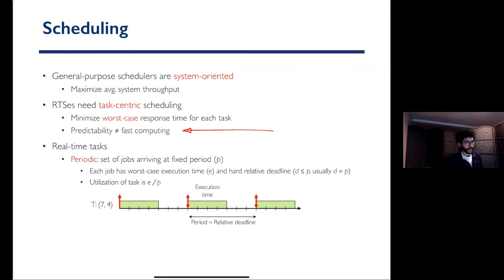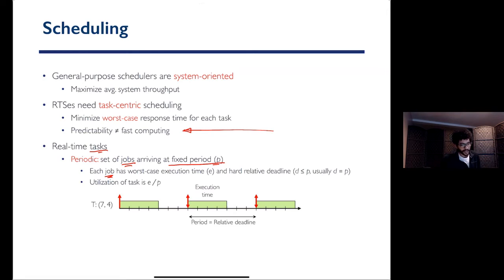A task has a set of jobs, and these jobs arrive at a certain period. Now, each job has a worst case execution time. So we're assuming that we know how long each job is going to take to finish.